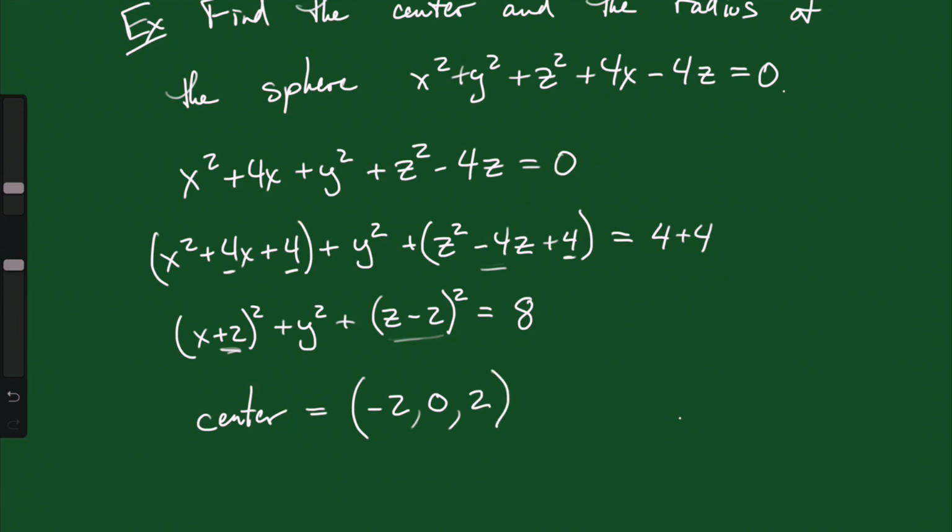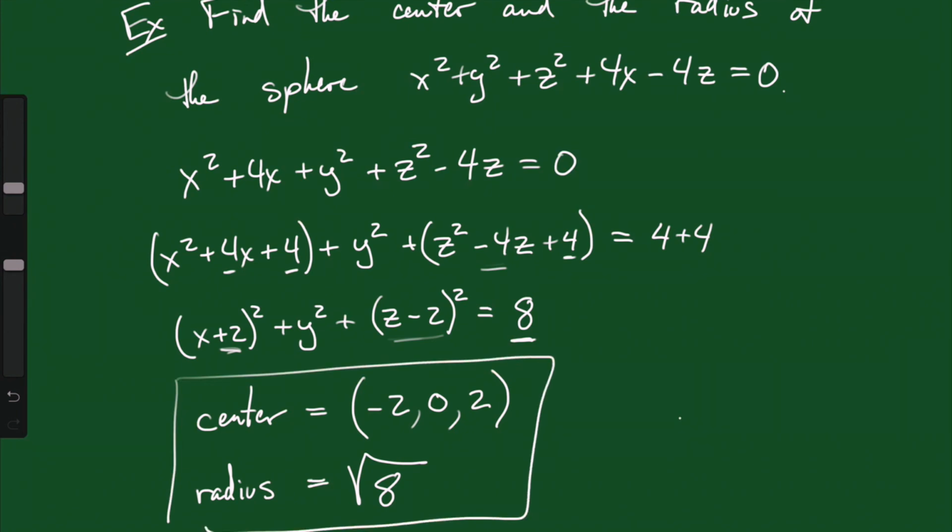So that's my center point. And then the radius is going to be the square root of what's over here on the right side. So my radius is going to be the square root of 8. So after completing the square here, I've got my center and I've got my radius. All right.